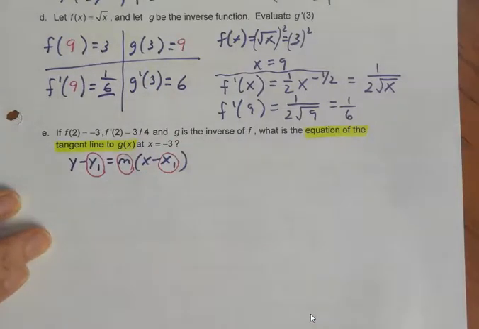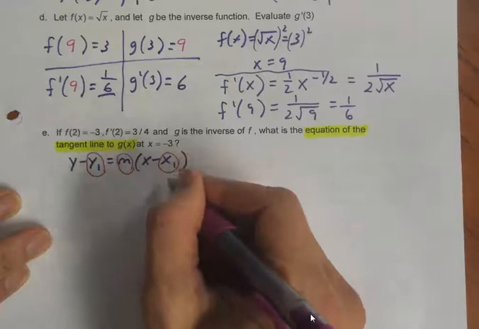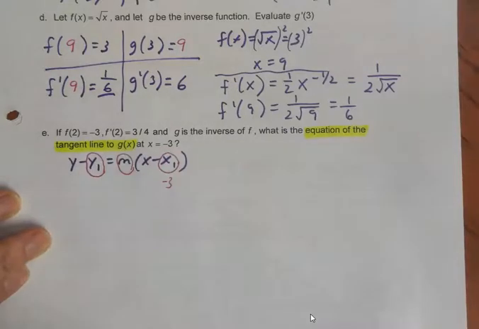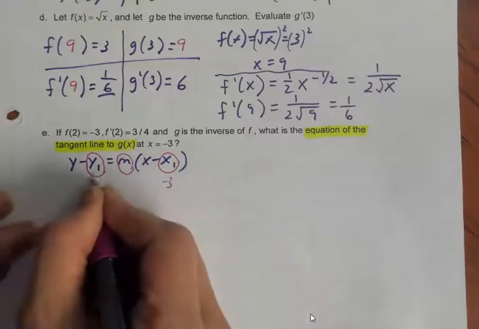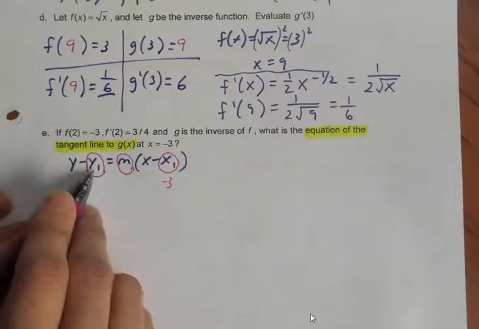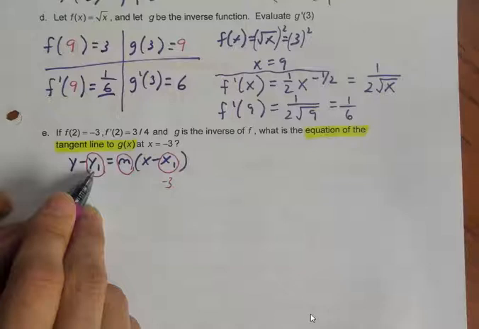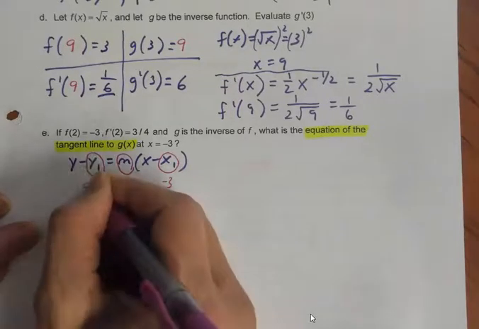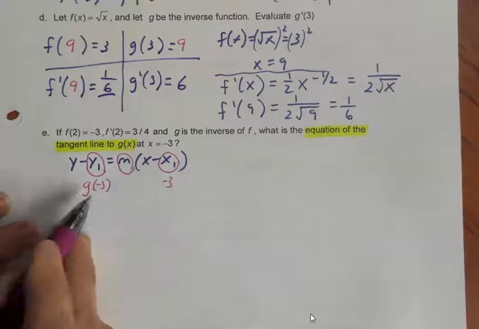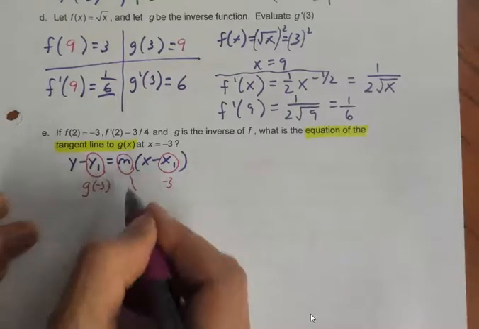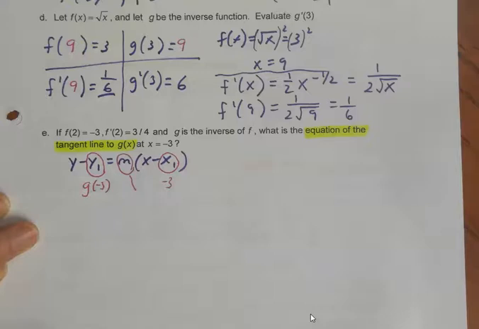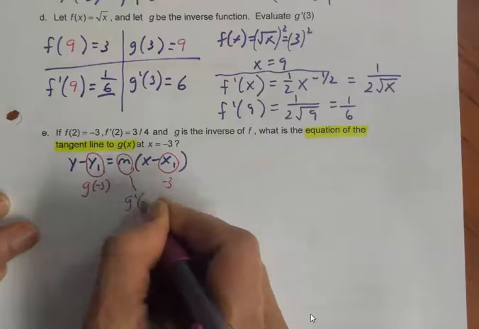What is x? Yep, right here is going to be a -3. How about y? Can you represent what this would be? Is it going to be f or g of what? g of -3. Good. So this is going to be g of negative 3, and then give me a representation for my m. g prime of negative 3.